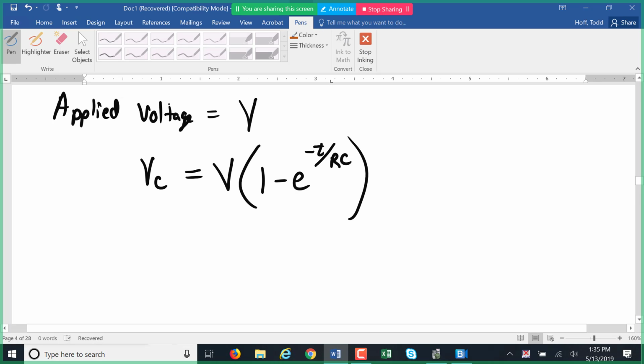R is the resistance of the circuit, C is the capacitance of the circuit.